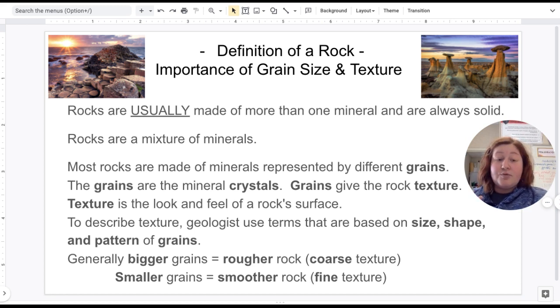So you might have felt smooth rocks before, or you might have felt coarse or rough rocks before, and that all has to do with those mineral crystals in the rocks. Okay, so to recap, rocks are really just a mixture of minerals. And it's pretty clear when you're looking at a rock that we have all those different minerals in there because we have different grain sizes of mineral crystals.